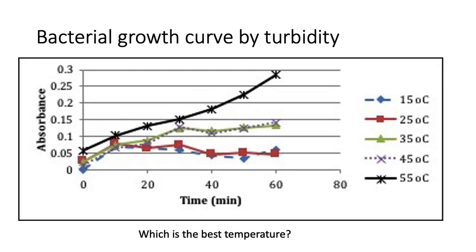So if you were asked which is the best temperature, clearly you have to look at the graph that goes up the highest, and that would be 55 degrees. So E. coli can grow very well. I mean, it grew well at 35 also. 35 and 45 was pretty much the same, but it didn't grow very much at 15 or 25, which is kind of coolish.